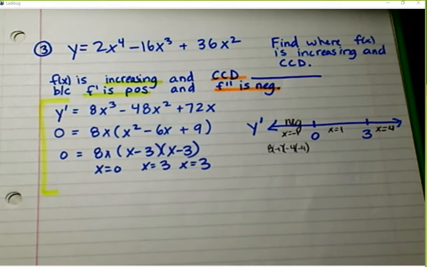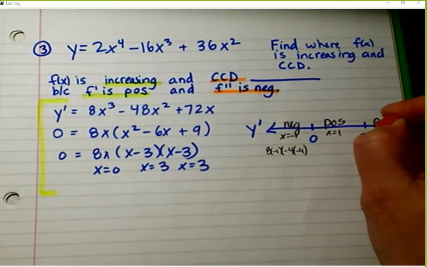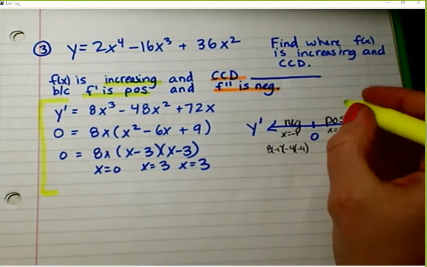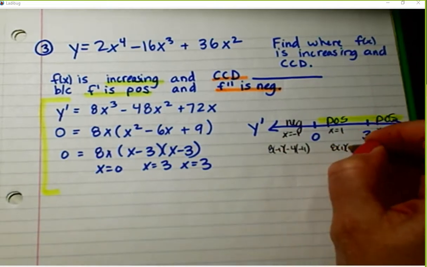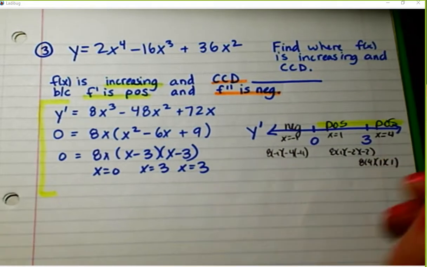Nice. All right. So we get negative, positive, positive. So at this point, I'm looking at, okay, I've got the positive. That's what my number line tells me. Okay, so I'll finish writing that in. 1 times negative, okay. 8 times 4 times 1 times 1. All right.